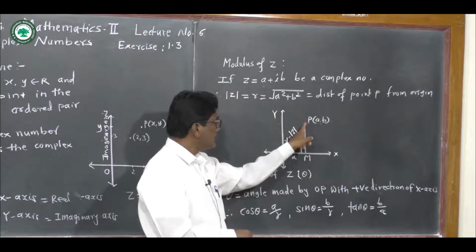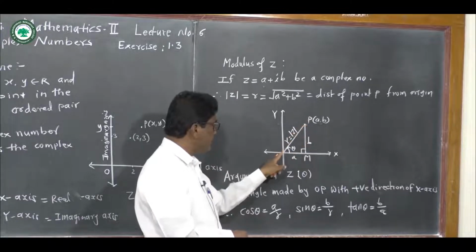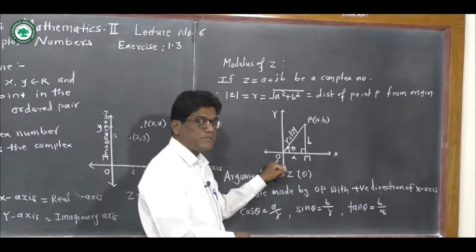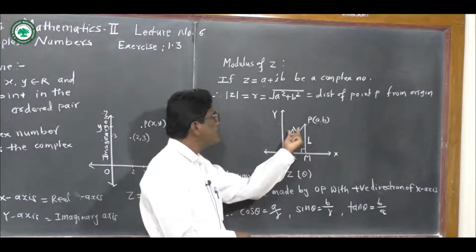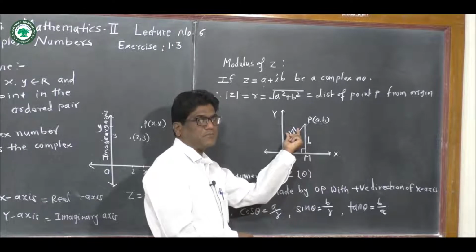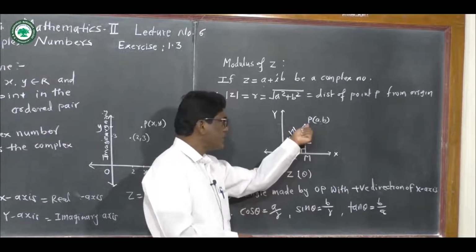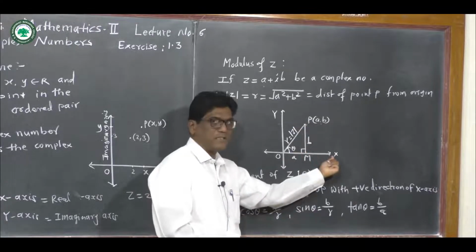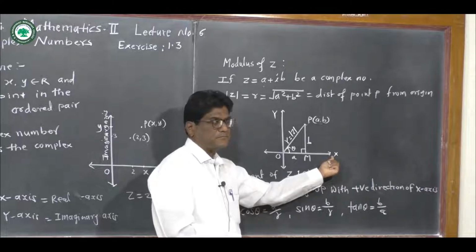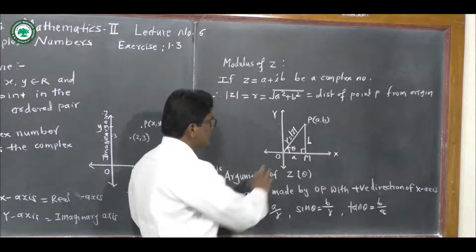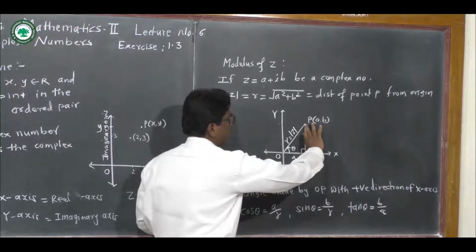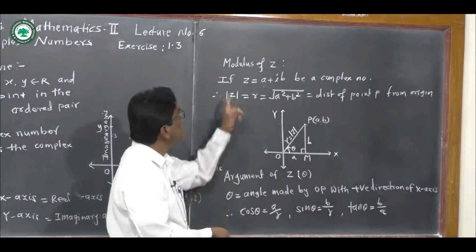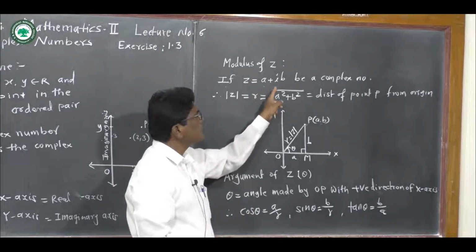We join this point P and O, this is the distance OP, that is the distance of the point P from the origin. It is denoted by r, and r is equal to mod of z. From this point P we draw a perpendicular, so PM is the perpendicular to the real axis, and this distance is b and this distance is a, so this is the point P(a, b), which represents the complex number z is equal to a plus ib.